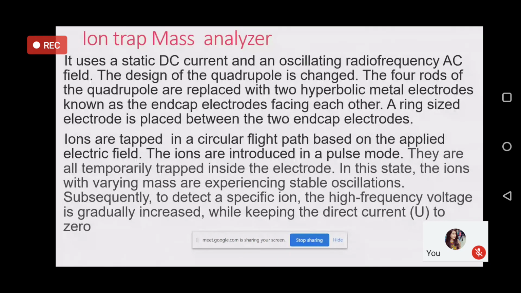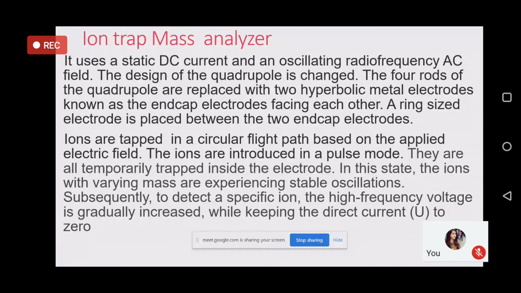What I'm trying to repeat and emphasize again and again is that the alternating AC current is of constant voltage V. What is changing is the rate at which the polarity changes, that is the frequency of the alternating current. And that frequency doesn't affect the energy input, because the energy input is dependent on the voltage and not on the frequency. So as long as your voltage is constant, even though it is an AC current, it's going to have the same energy input, and therefore the velocity for a given m by z will remain constant.